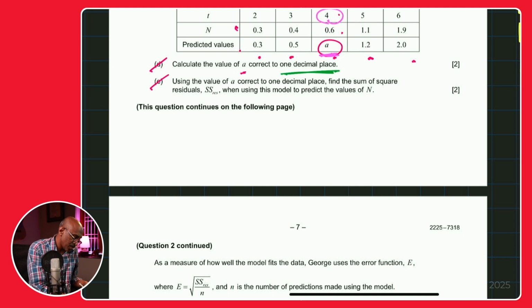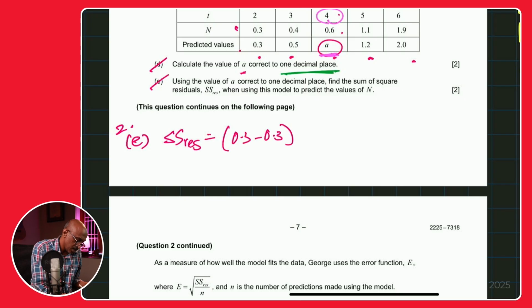So basically, I'll just write it down here, if that's all right. This is 2e, right? So 2e is basically what SSRE is. This is basically 0.3 minus 0.3, square of that. Sum of the squares, so then 0.5 minus 0.4, square of that.